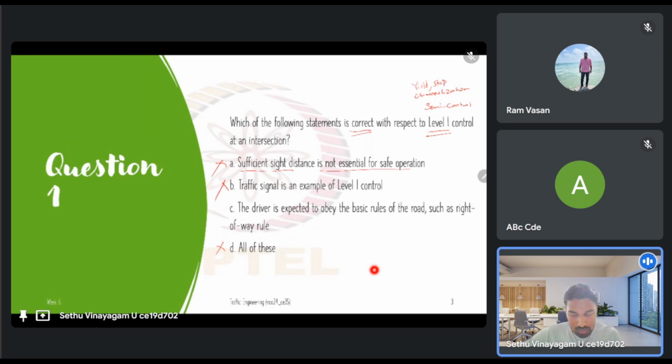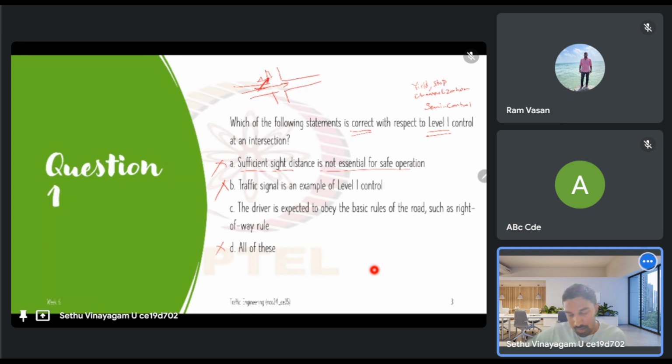Why? Because say we have a yield sign. What do the vehicles have to do? Say there is a yield sign here, which means the vehicle going towards the east direction will have to slow down, and if it is safe, when there is no vehicle coming or it is far away, they can pass through. To make the decision, this driver must be able to see what is happening on the other approach, right?